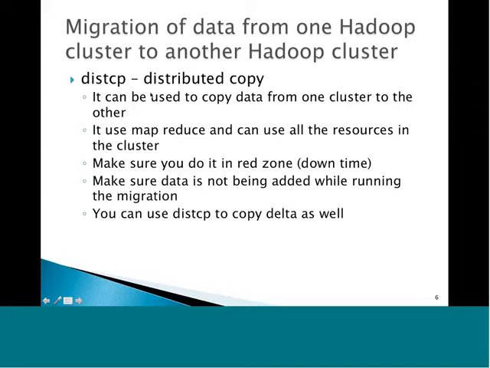You can copy the baseline over a few days, and then you can even use distcp to copy the delta as well, as long as your files are saved in a way where the delta can be captured based upon directory names or file names. It can keep track of what is already copied, and it can copy only the delta.